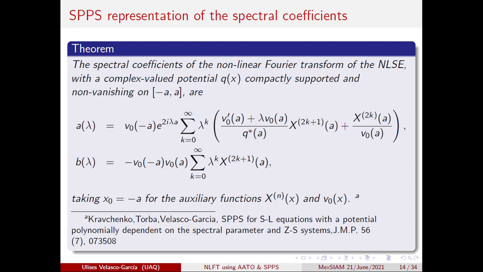This is a representation of the nonlinear Fourier transform of the nonlinear Schrödinger equation with a complex valued potential Q, compactly supported and non-vanishing on the finite segment from minus A to A. This is actually a spectral parameter power series representation, where we take x0 not as an arbitrary point, but as the beginning of this finite segment.